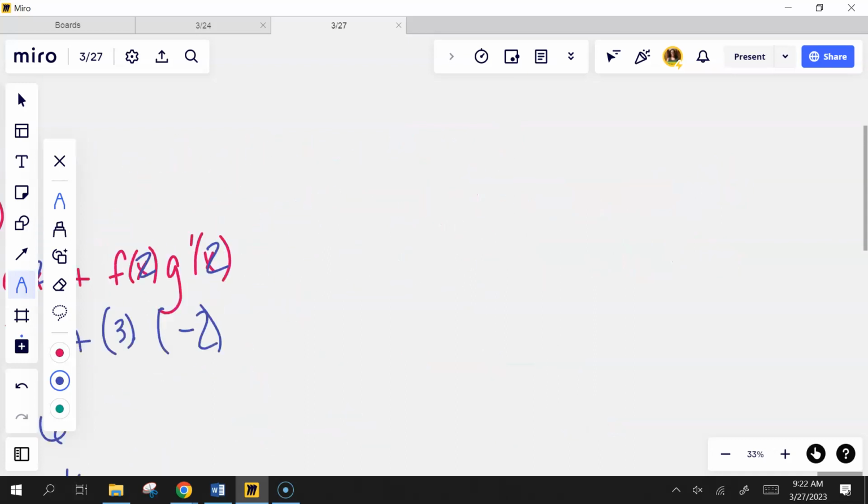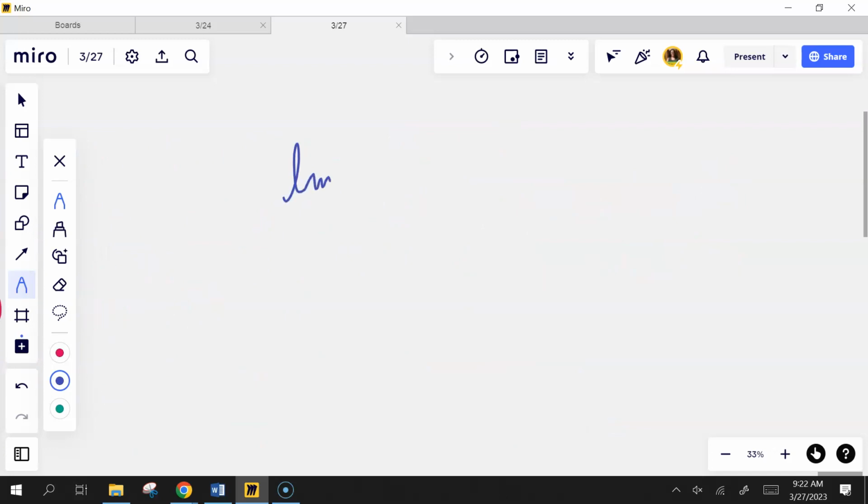All right, 26. Limit as x goes to infinity of the log of e to the 3x plus x, over x. Can I expand this top?